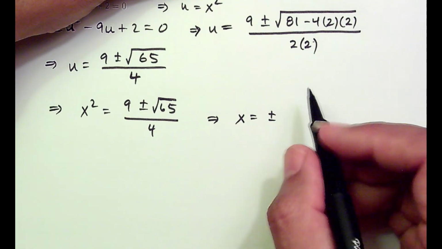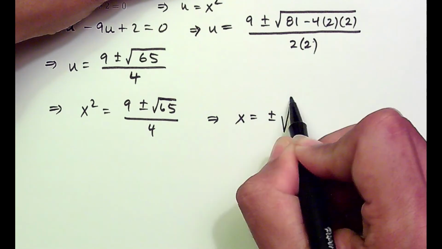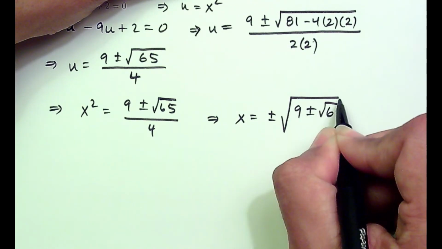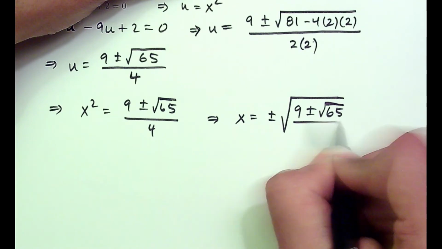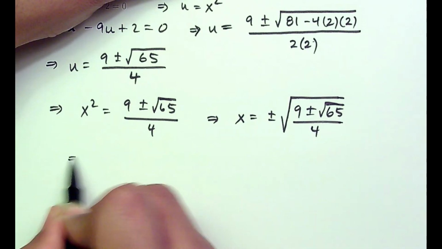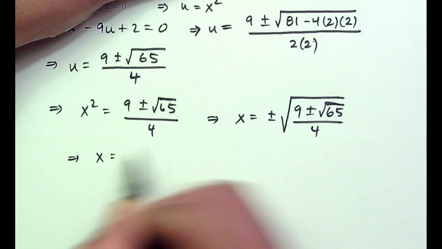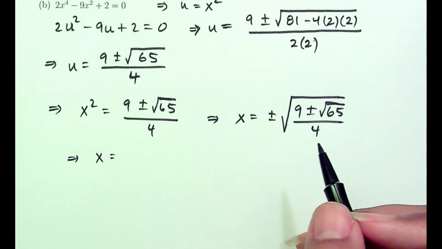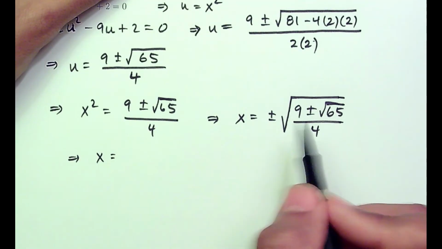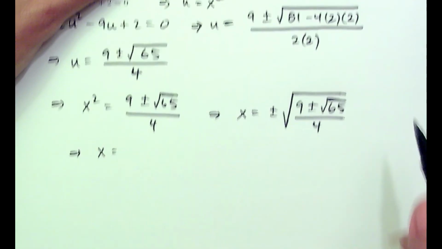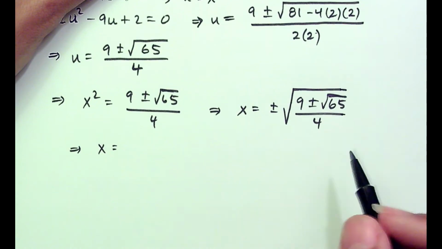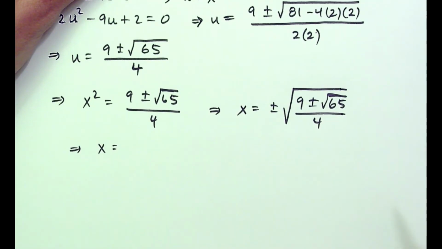We're going to get that x equals plus or minus the square root of 9 plus or minus the square root of 65 over 4. And it may look a little weird, but that's correct. That means there's going to be 4 possibilities involved by the different combinations of the plus or minus choices, and we're going to write out what all of the 4 choices are.